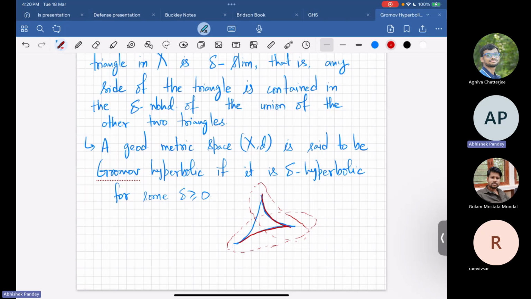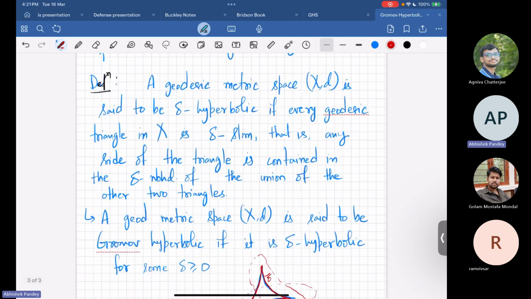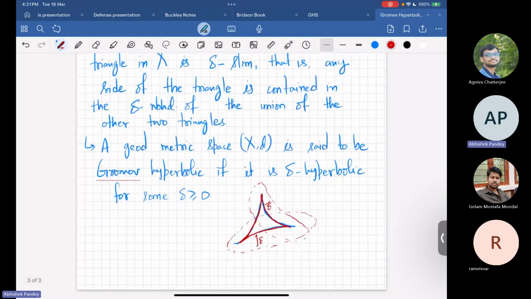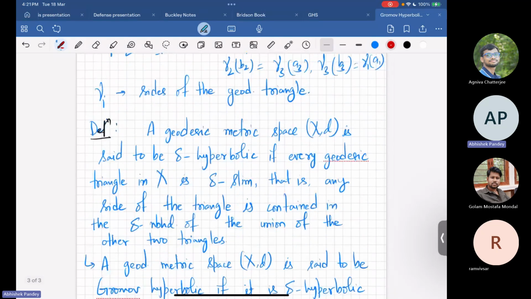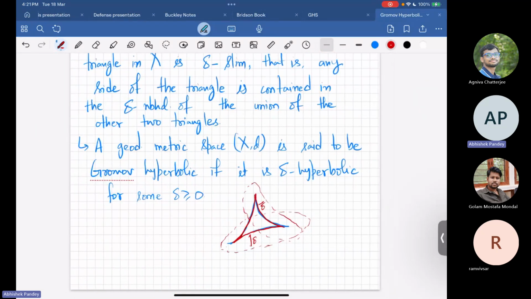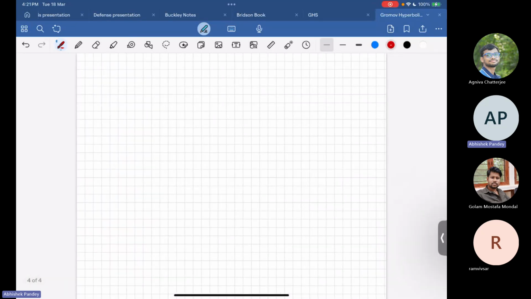As you can see, the way I have constructed this triangle, it lies in the union of the delta neighborhoods of the other two sides. So this is what we mean by a slim triangle. I hope it is clear up to this point. Okay, so we'll immediately see some examples.